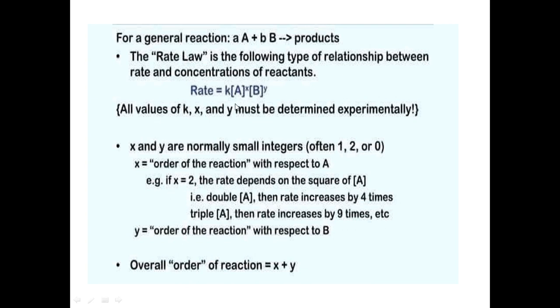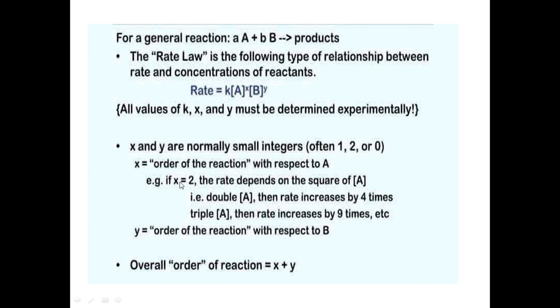So when you increase the reactant concentration by a particular factor, the rate also increases by the same factor. If the B or the y is also equal to 1, then we mean that the reaction is in first order with respect to the B. So when you increase the B by a particular figure, the rate also increases by the same figure.